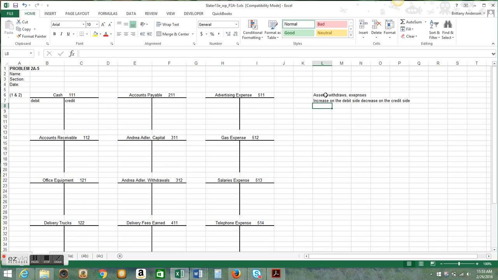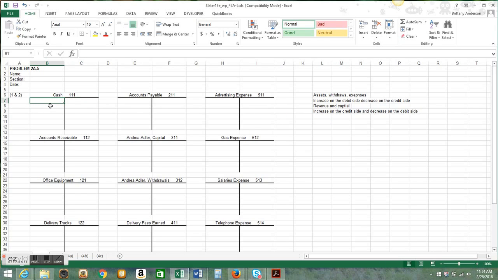Okay. So my revenue and capital will increase on the credit side and decrease on the debit side. Okay. So you have to keep those rules in mind when you're doing these T accounts.